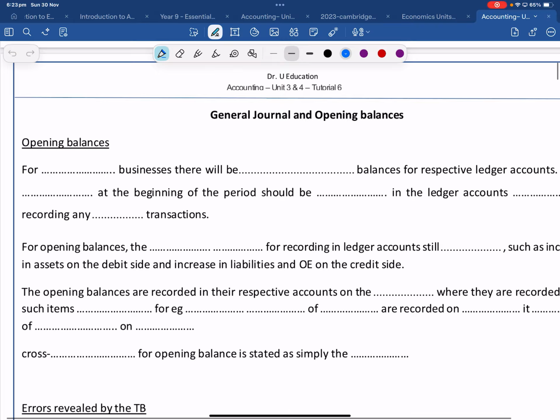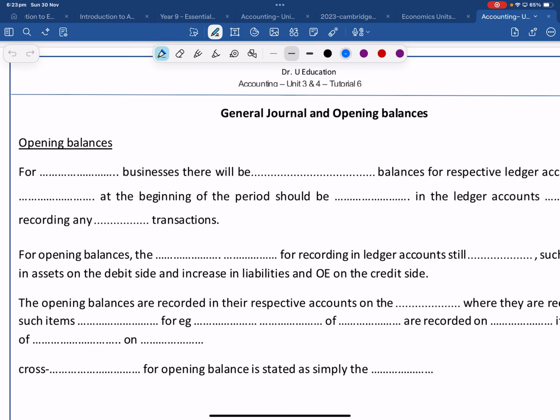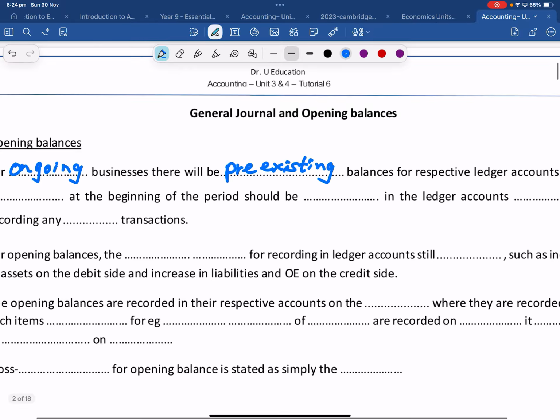First we will write the note. For ongoing businesses, there will be pre-existing balances for respective ledger accounts.